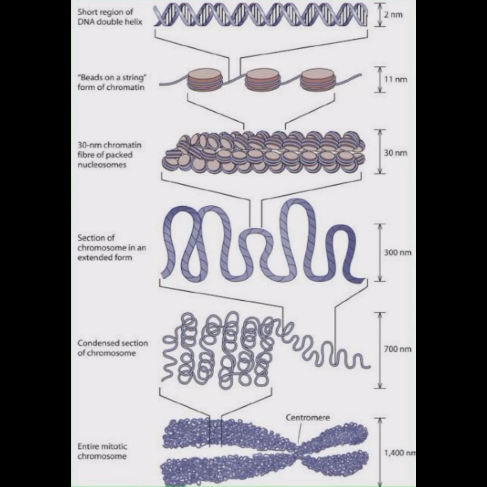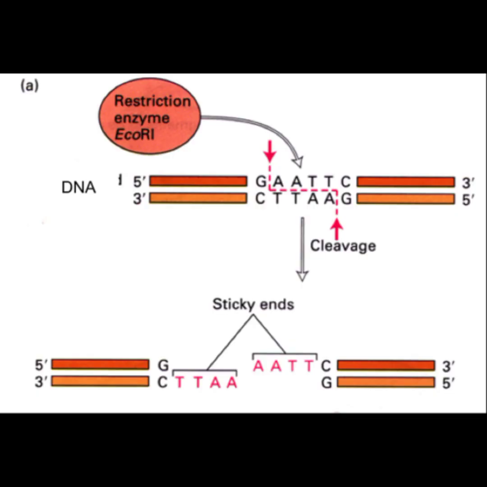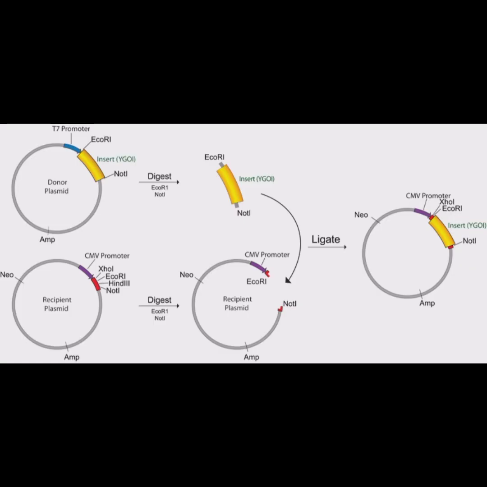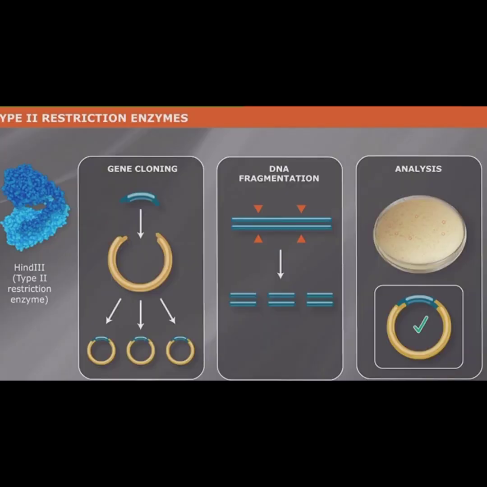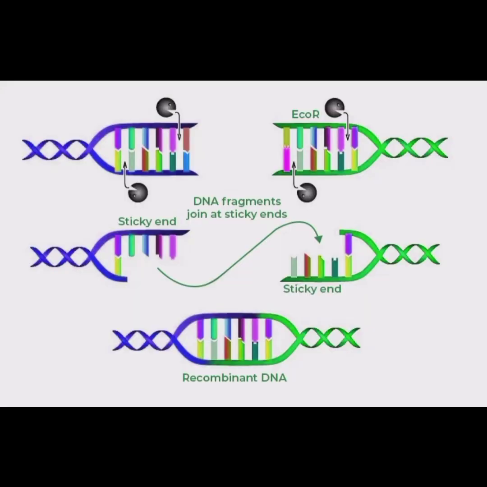After amplification, we go for restriction digestion. This digestion is carried out with the help of enzymes known as restriction endonucleases. After that, the DNA fragments are separated with the help of agarose gel electrophoresis.